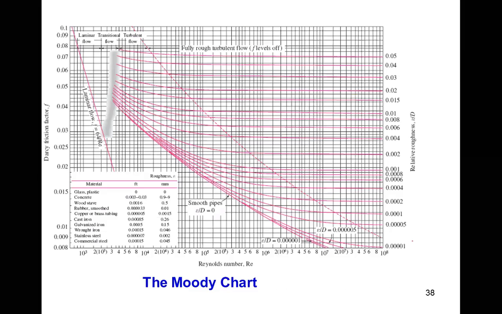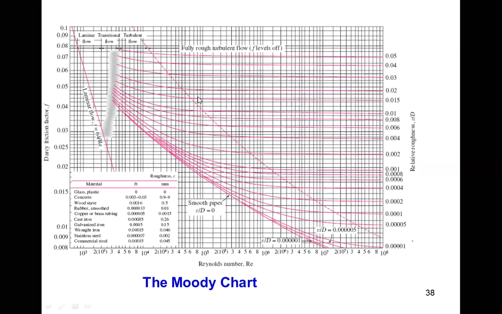Okay. Now, based on previous correlations, these graphs can be prepared, which are a function of the Reynolds number, and this side is your friction factor. So the y-axis is the Darcy friction factor, and the x-axis is the value of Re on a log plot.